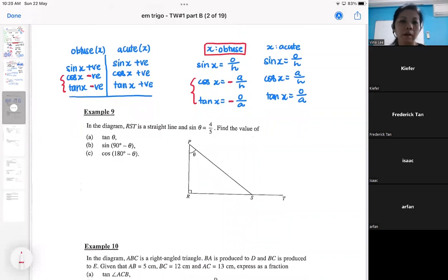So if you find things very confusing, you can just stick to this summary. And this summary will serve you for the rest of the questions that I'm going to show you now.